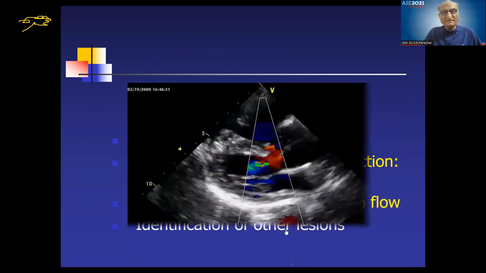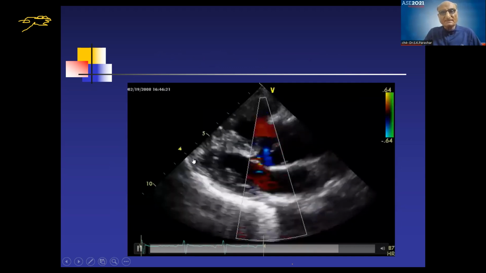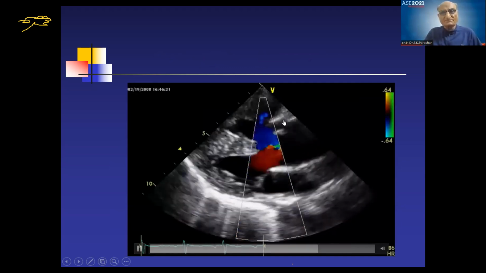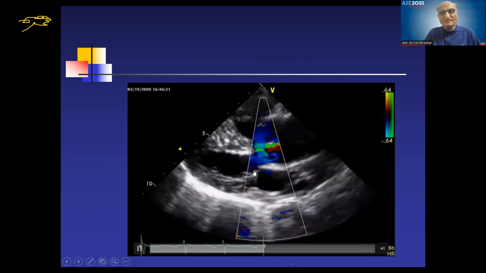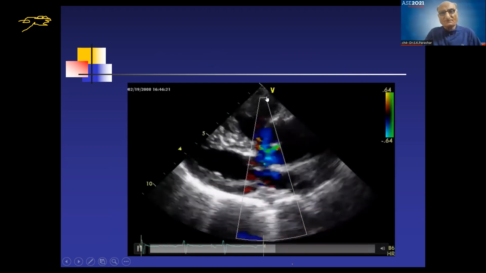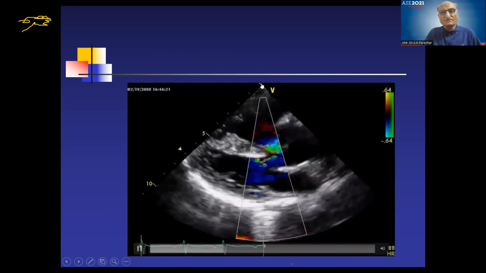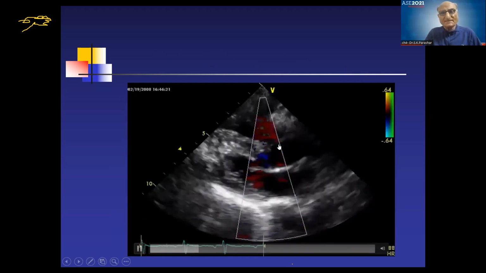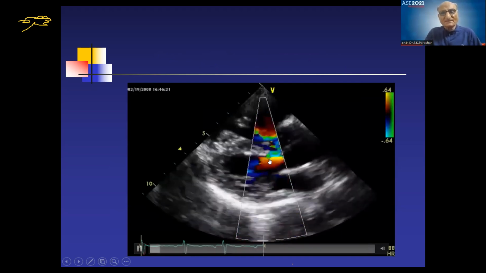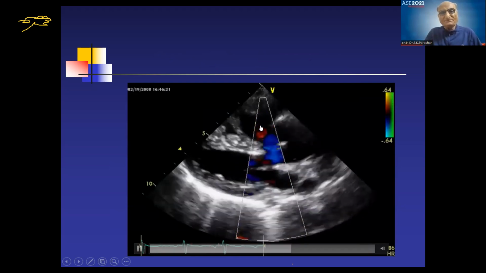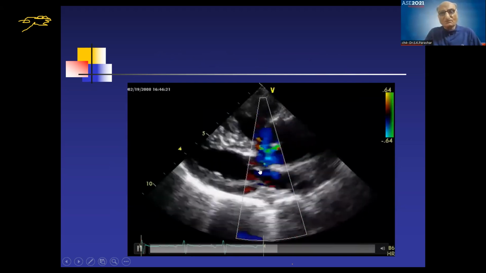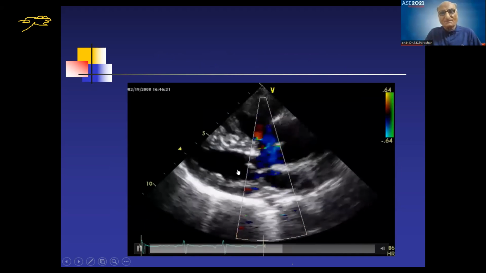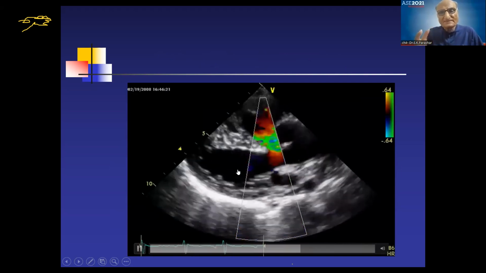Now you see this is again a large ventricular septal defect with aortic override. Now see, the blue blood is going from the LV to RV because it is going towards the transducer. Red blood is going from the right ventricle to the left ventricle. So that means it is a bidirectional shunt. It goes from LV to RV and from RV to LV. You just have to see the color.